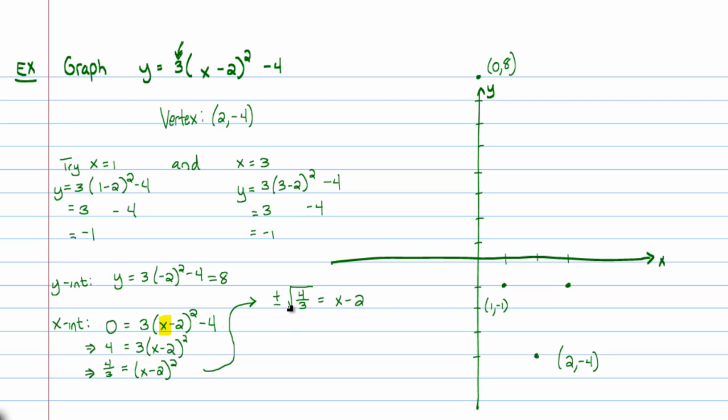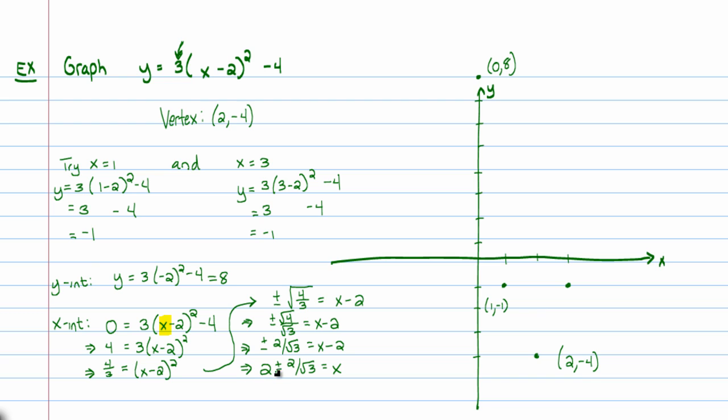I'll split the radical. So I have the square root of 4 in the numerator and the square root of 3 in the denominator. Square root of 4 is just 2, so let me just write that again. 2 over root 3 is equal to x minus 2. And then finally, I'll go ahead and add 2 to both sides. So when I do that, I get 2 plus or minus 2 over the square root of 3 is equal to x. These are my x-intercepts.